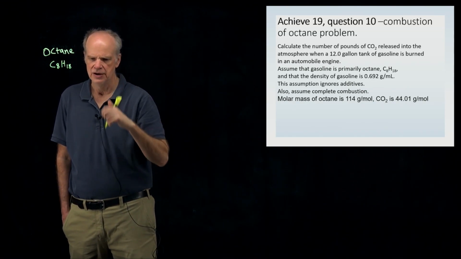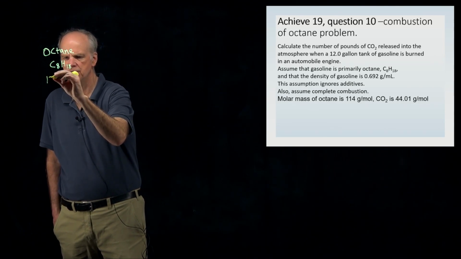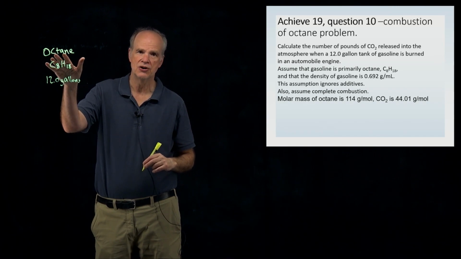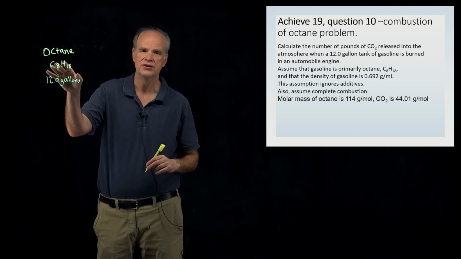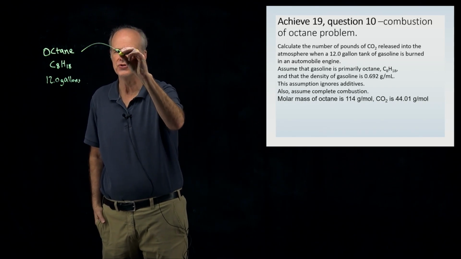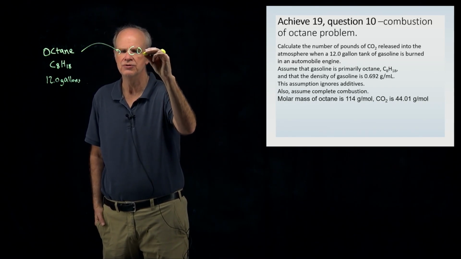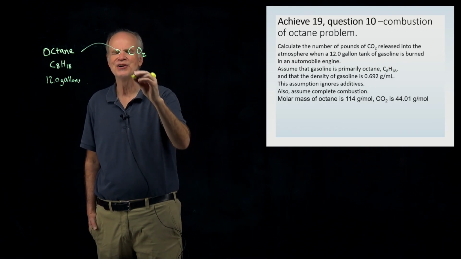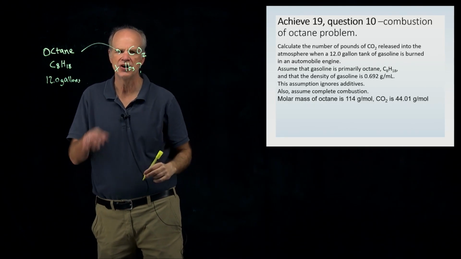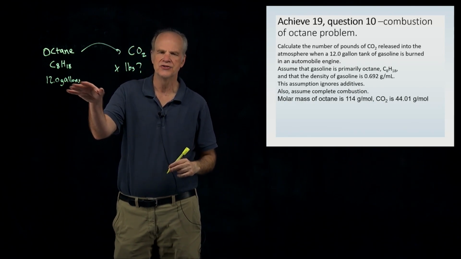You're told that you have 12.0 gallons, and you're going to stick this into a car engine, and it will combust, and it will break down into products, and one of the products that is produced is carbon dioxide, so it's CO2, and you have to figure out how many pounds of carbon dioxide are produced from the 12 gallons of octane.